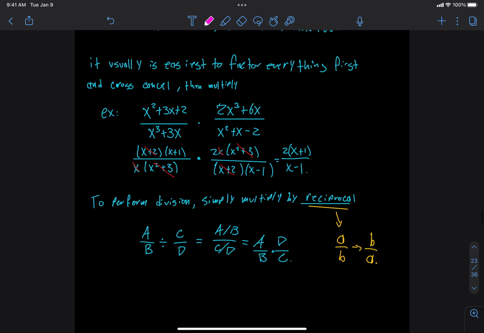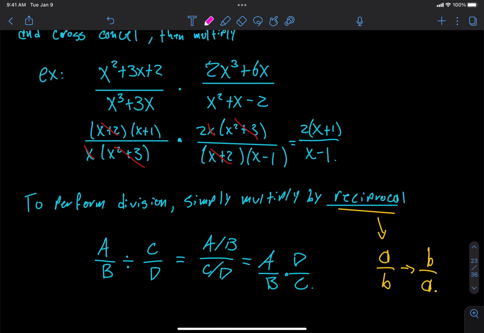For the example, why do we not multiply x plus 1 times x minus 1, to get the same denominator? The question is, why when I'm doing a multiplication problem do I not need to get a common denominator?